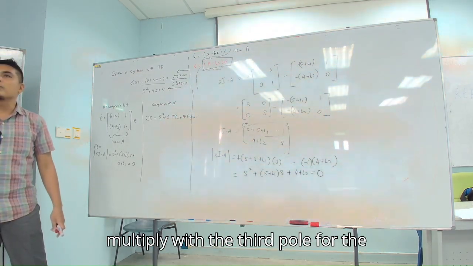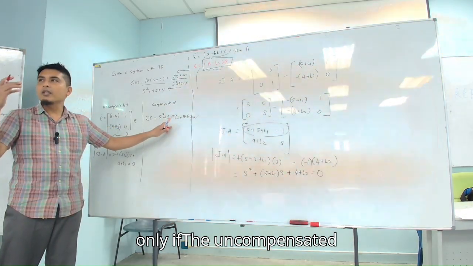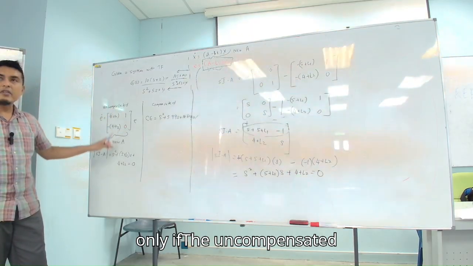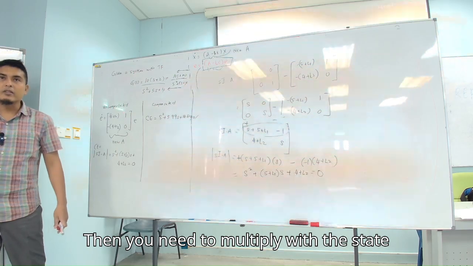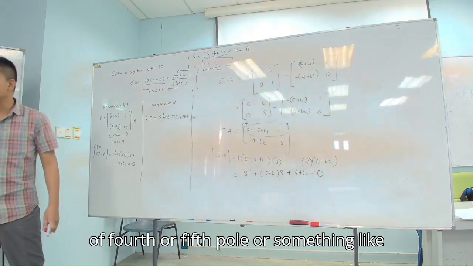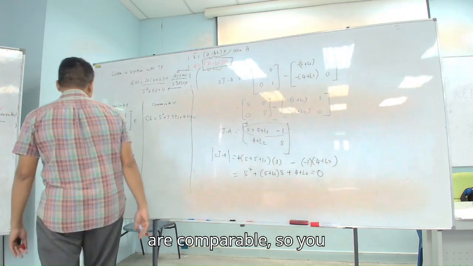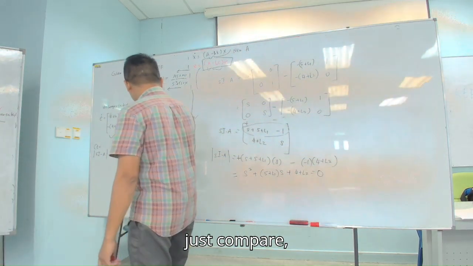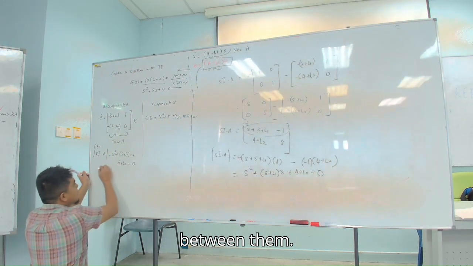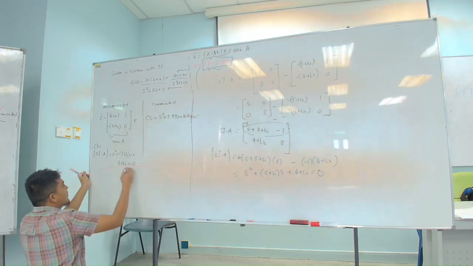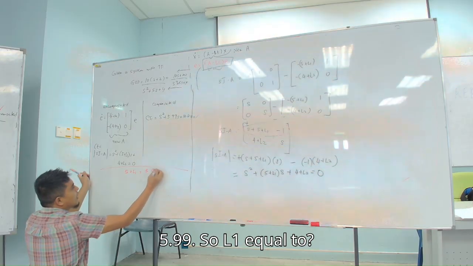Okay, you just need to multiply with the third pole for the compensated system if and only if the uncompensated system is third order or more. Then you need to multiply with the third or fourth or fifth pole, something like that. Is it clear? Okay, since they are comparable, you just compare between them. 5 plus L1 equal to 5.99.